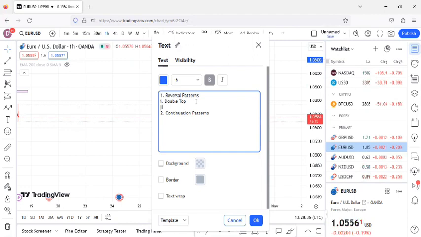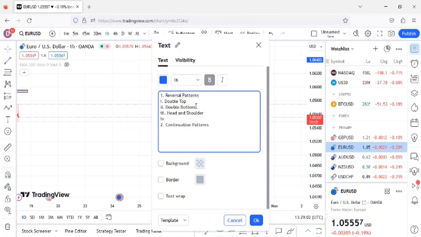Two, we have double bottom. Three, we have head and shoulder.